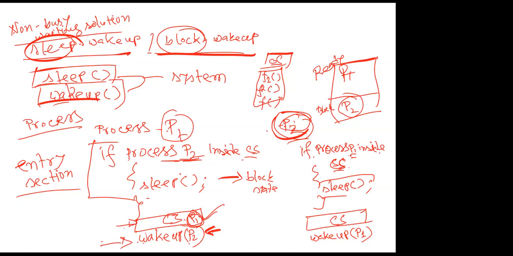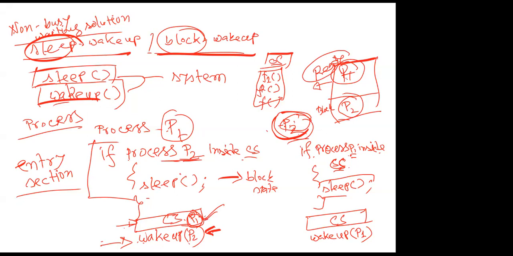Now only one process can be scheduled by your operating system, because process P1 is in ready state, and process P2 is currently in block state or sleep mode. Your operating system never schedules a process from the block state. There is only one process in ready state, so the operating system will schedule process P1.